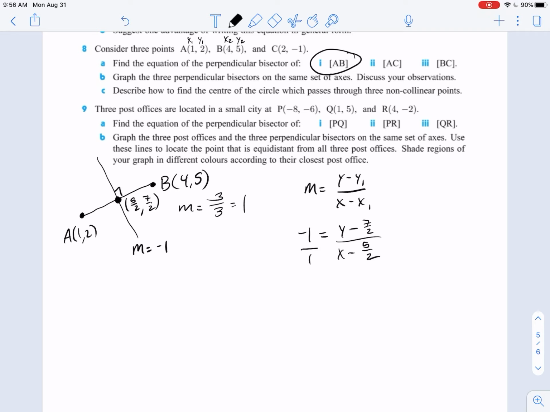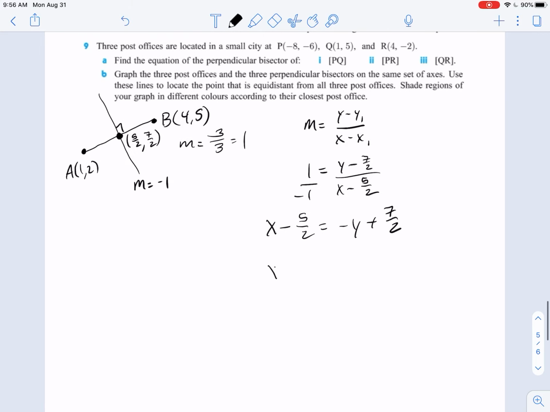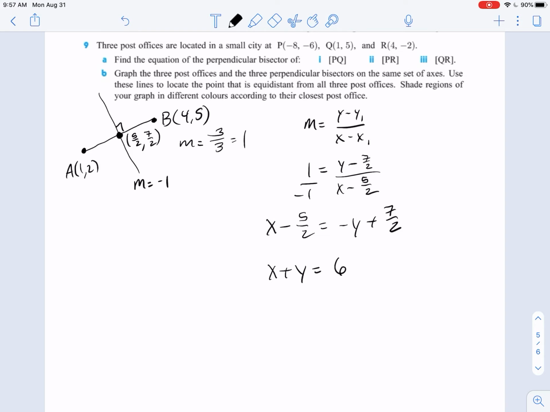Actually, I'm going to put it in standard form. I made the bottom negative so that my y is negative and not my x. So this becomes x minus 5 halves equals -y plus 7 halves. What I like to do for standard form is say x plus y is equal to, now add that, 5 plus 7 is 12 over 2 is 6, and we're done.